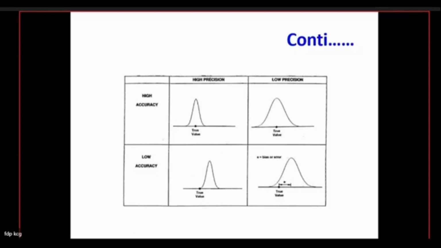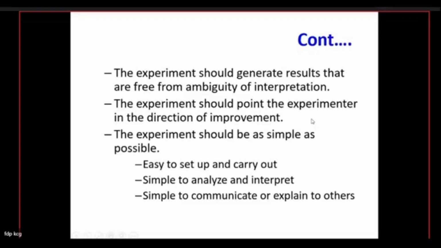Now, this is what happens in terms of high accuracy and low accuracy, and what type of graph you will get. You will get a very steep graph, a very wide graph, then you will get a skew on one side, and this indicates the precision and accuracy and their importance. The experiment should generate results that are free from ambiguity of interpretation.